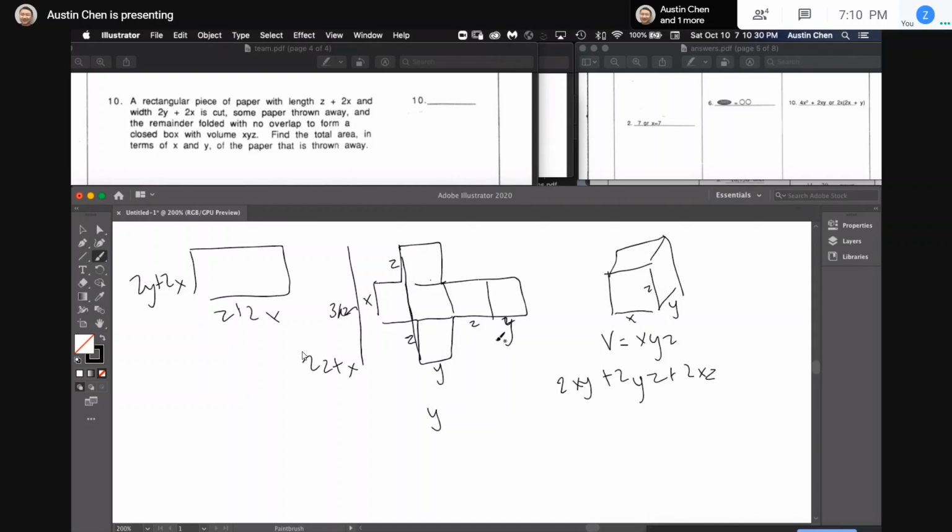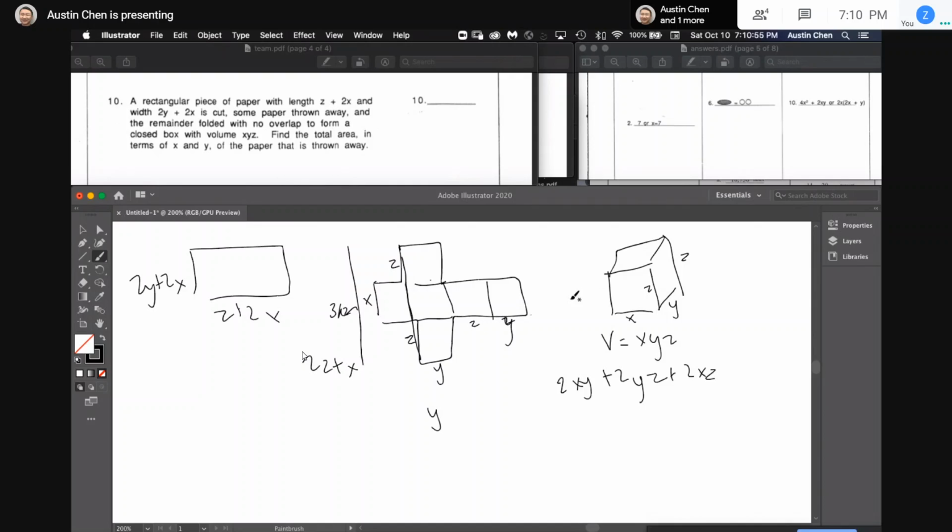That's a little bit weird. Right. So just imagine it folding back up, right? When we're folding it back up, this rectangle is going to be this rectangle, and this side length is z. This rectangle is going to form a back rectangle right there, and this side right here is going to correspond to this side, so it has to be z.